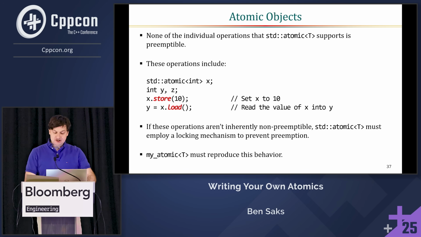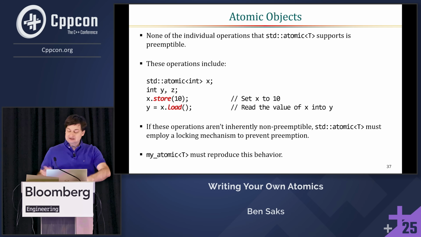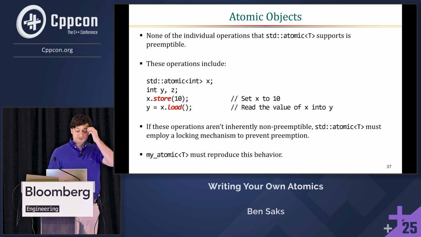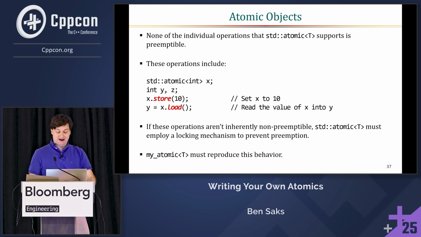So the operations that std atomic supports, by and large, none of them is preemptible. That includes things like the store and load operations here. Store would be used for setting the value to something in particular, if I'm working with, say, an atomic int. Load gives me back the value of that object as an integer.